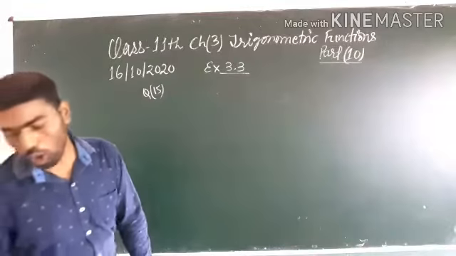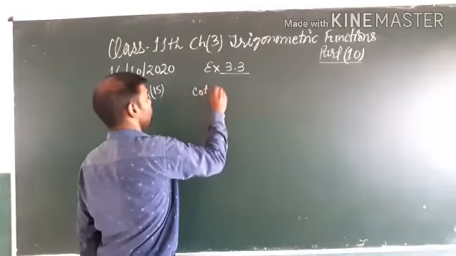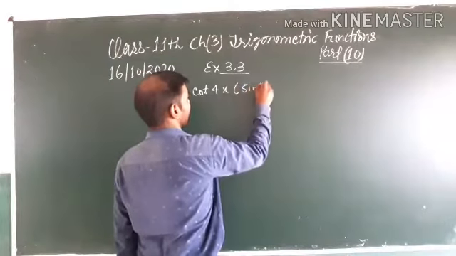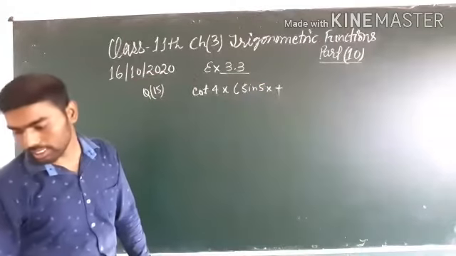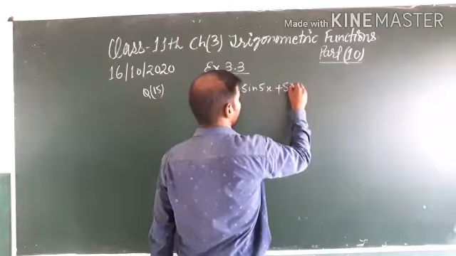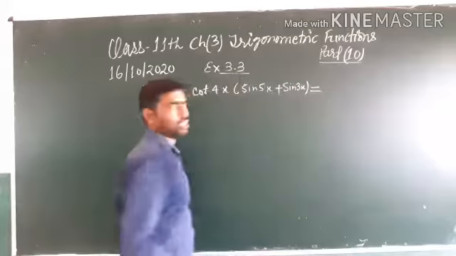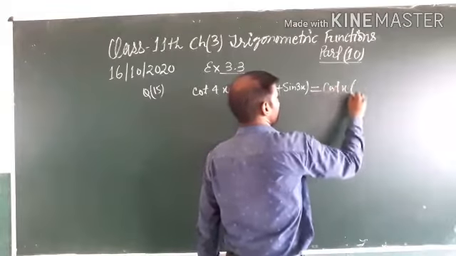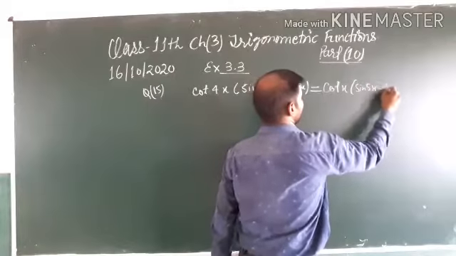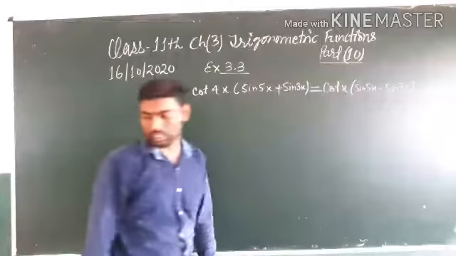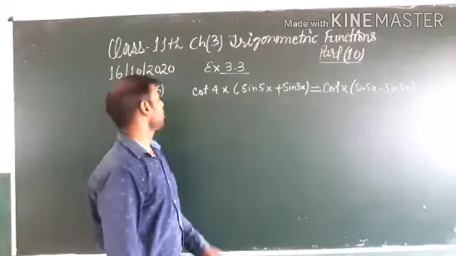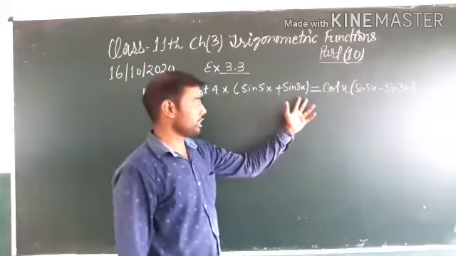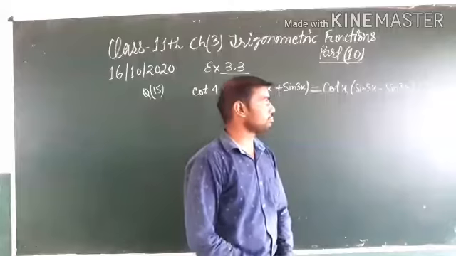The question is: cot 4x into (sin 5x plus sin 3x) is equal to cot x into (sin 5x minus sin 3x).